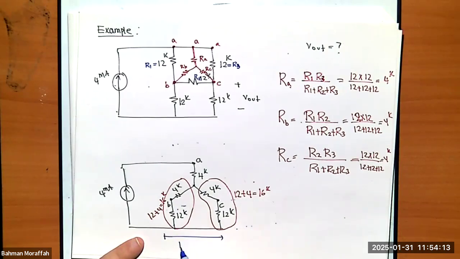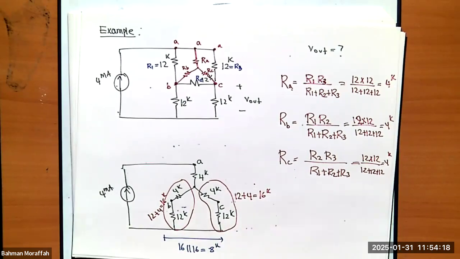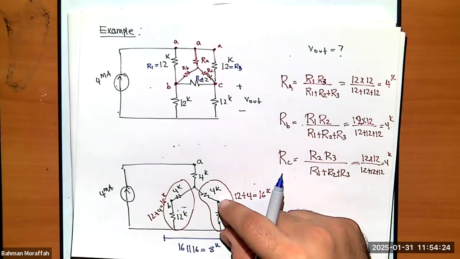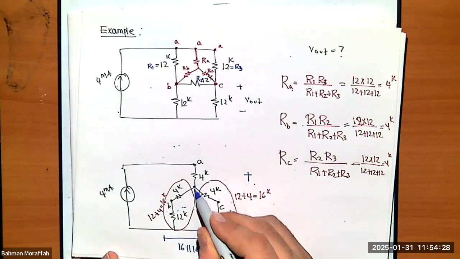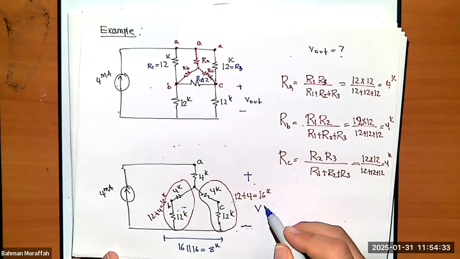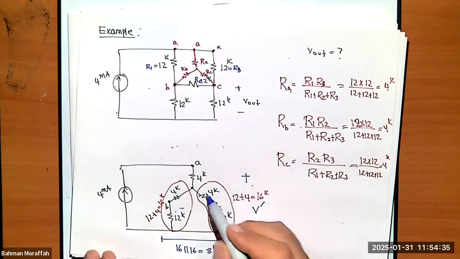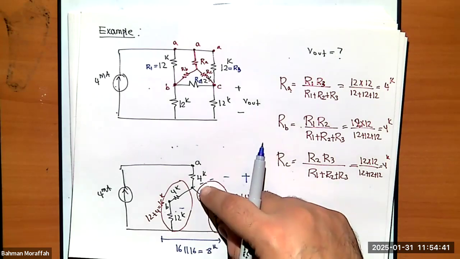So I have 16 in parallel with 16, which is going to be an 8. Again, what I'm after is the voltage across this. But since I combined this thing, I have only from here to here, and let's call that V prime, basically from this point to this point. That's called V prime, okay?